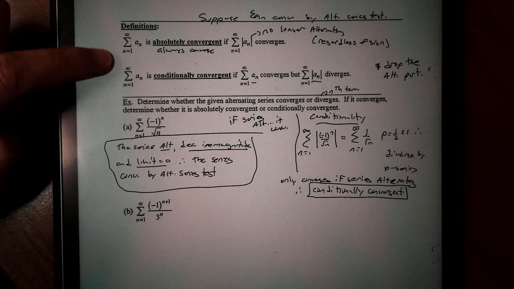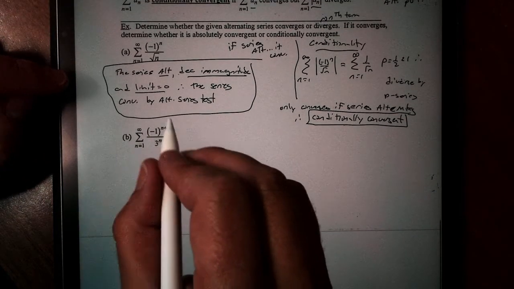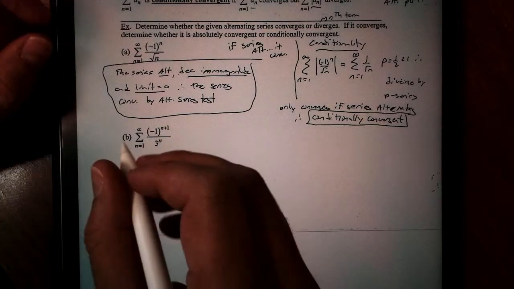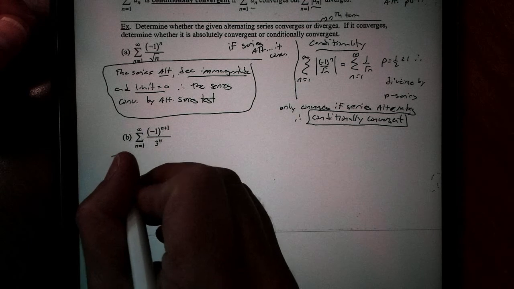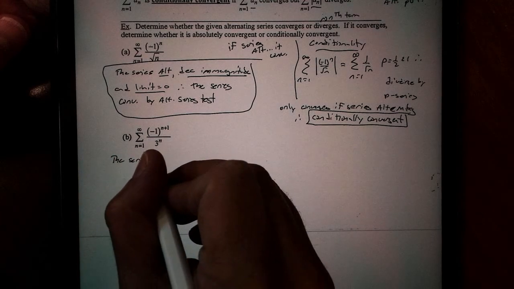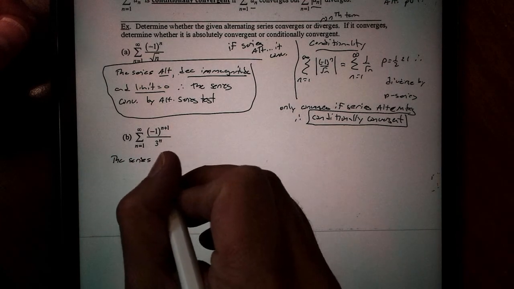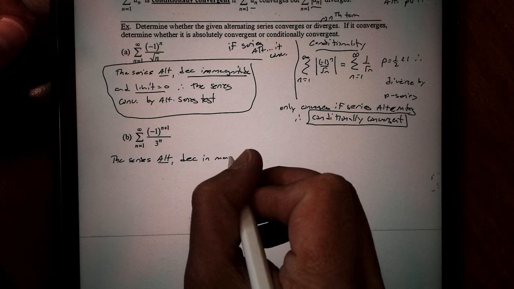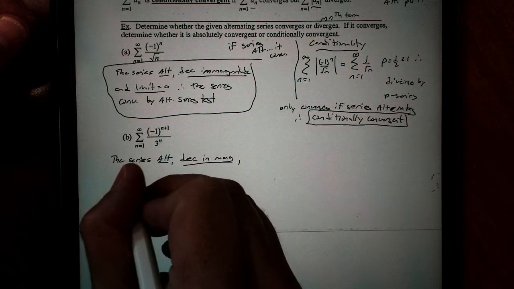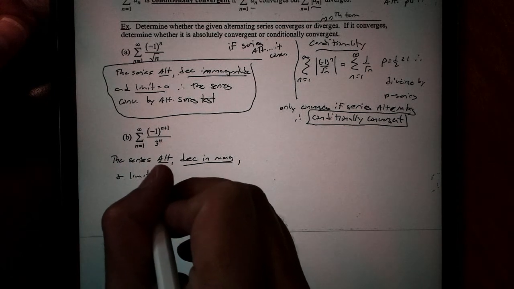So let's look at another example down here. Again, same type of problem. This is alternating, so I'm going to write out my answer. The series alternates, decreases in magnitude, and the limit does equal 0.